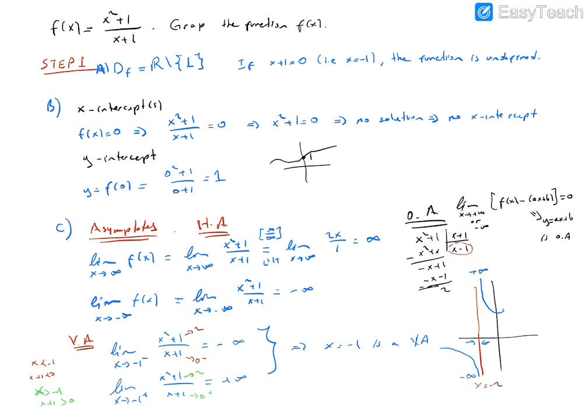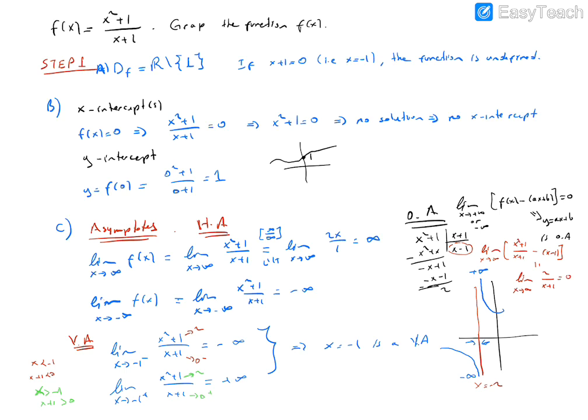Actually, if you check the following limit when x goes to infinity, x squared plus 1 over x plus 1 minus x minus 1, if you calculate, you will find the remainder 2 over x plus 1.